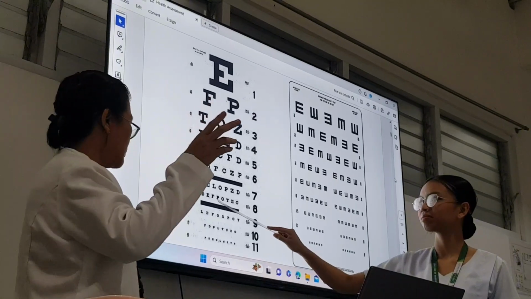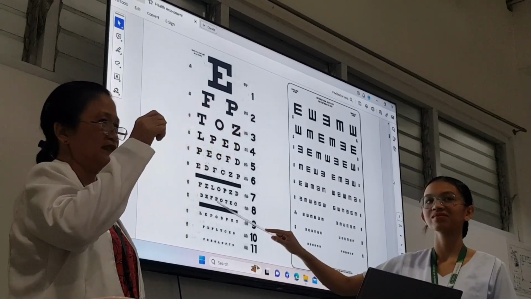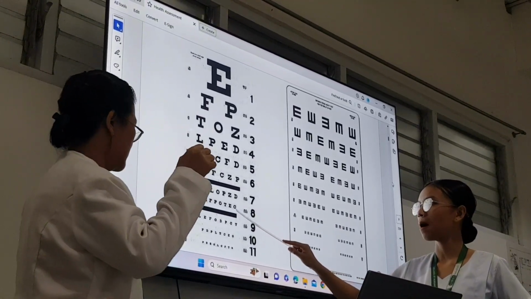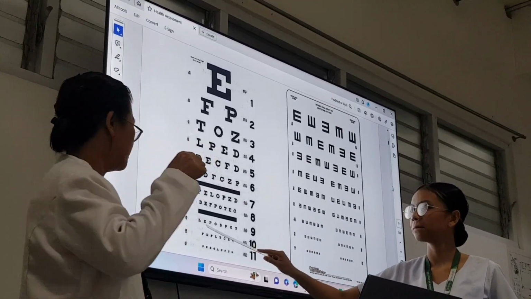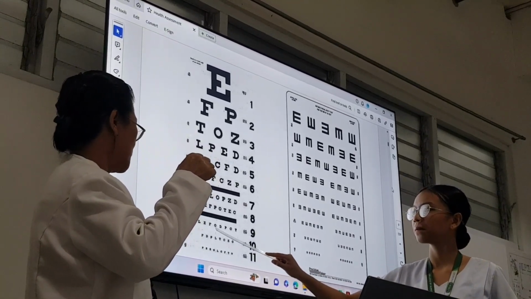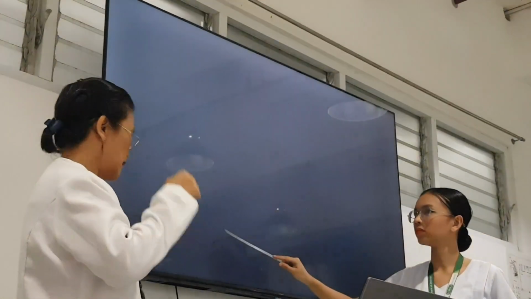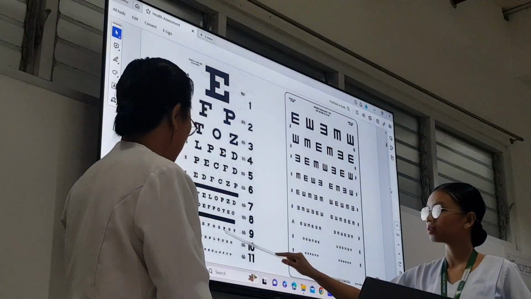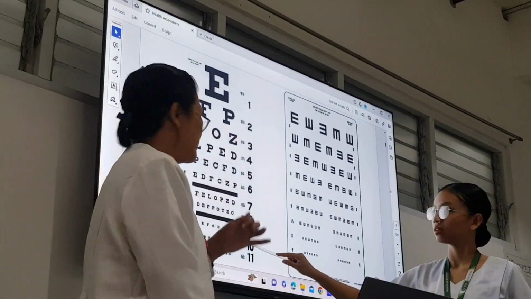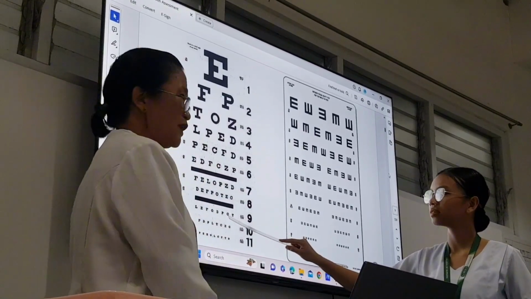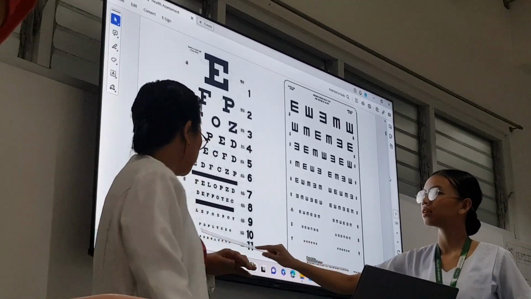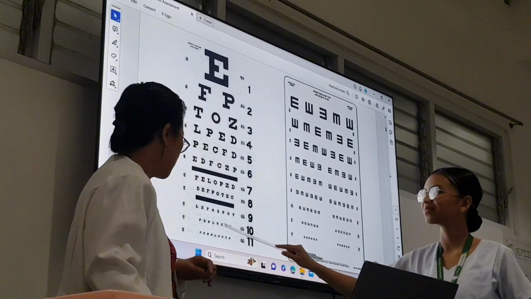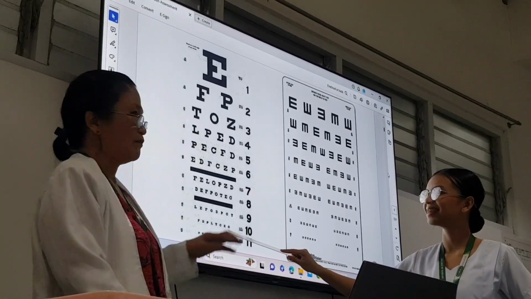F, P, O, P, E, C, L, E. Okay lang. Diretso mo na lang. C, T, P, D, F, L, E, O, E.